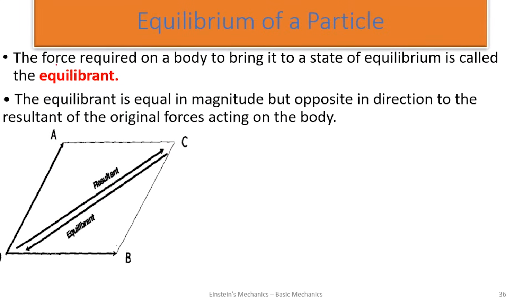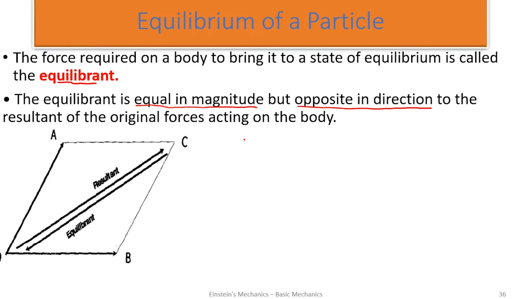And the force required on a body to bring it to a state of equilibrium is called the equilibrant. The equilibrant is equal in magnitude but opposite in direction to the resultant of the original forces acting on the body.